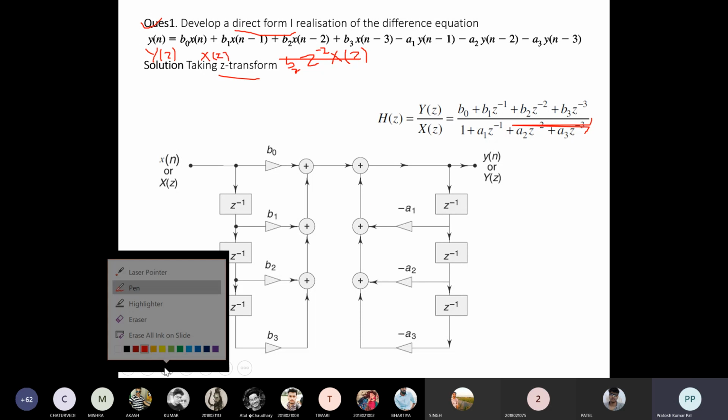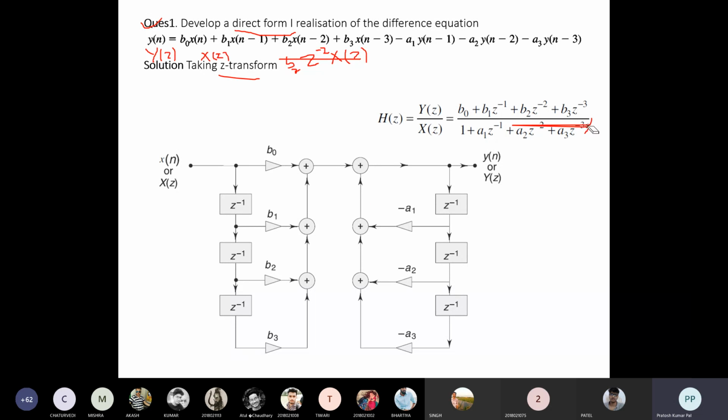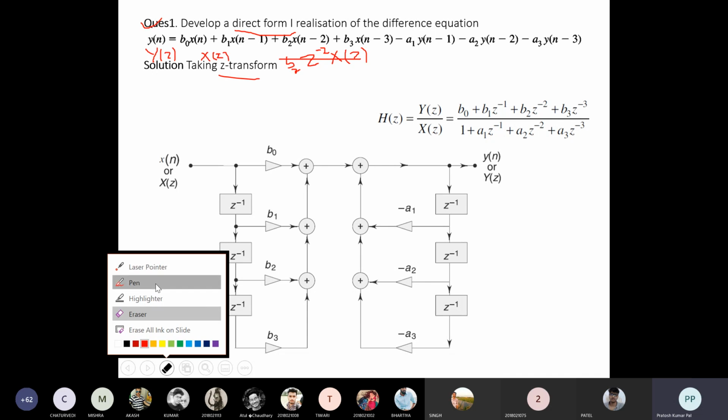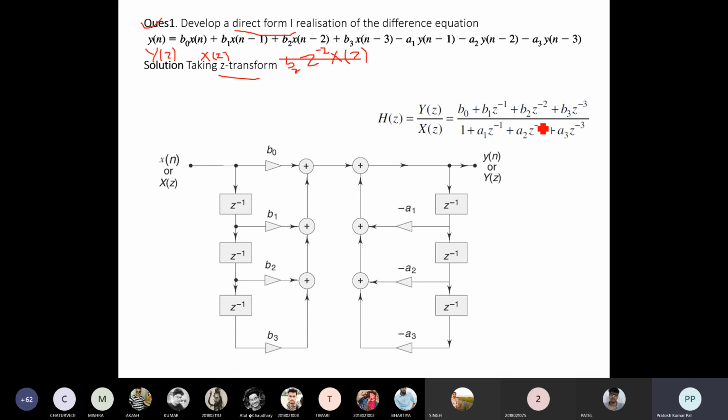Once we have the transfer function, the numerator part is the zeros, and these zeros will be represented by the first block. So the first step is the zeros representation, then second will be representing the poles. For the realization of the zeros, the first term b0 is directly a constant, so X(z) will be multiplied by the constant b0.